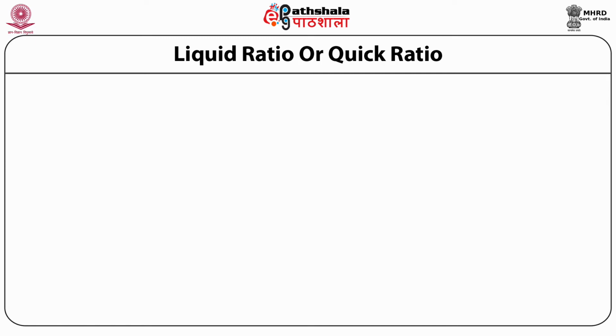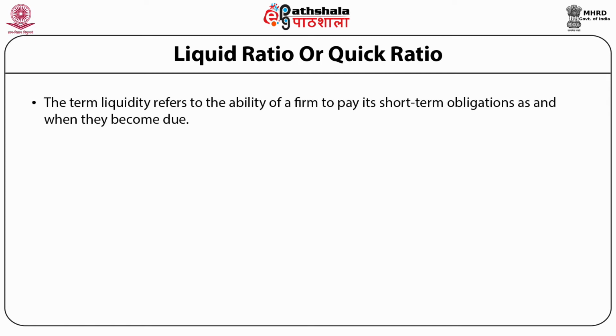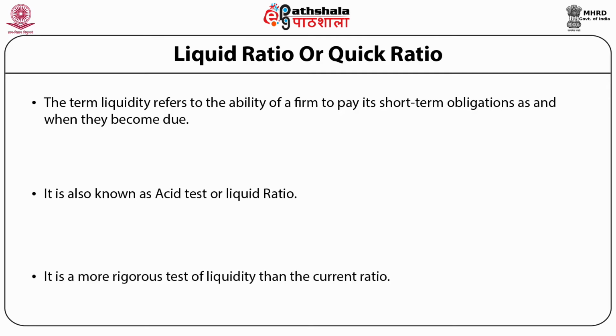Liquid ratio or quick ratio. The term liquidity refers to the ability of a firm to pay its short-term obligations as and when they become due. It is also known as acid test or liquidity ratio. It is a more rigorous test of liquidity than the current ratio.